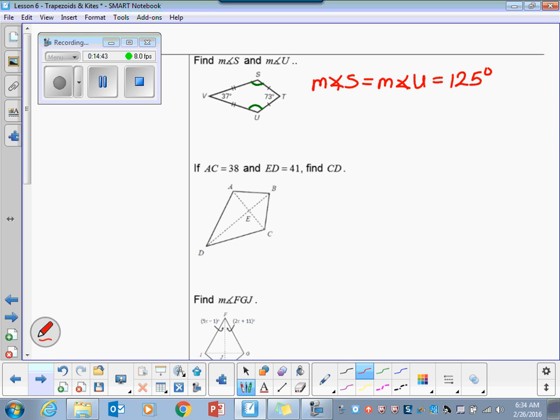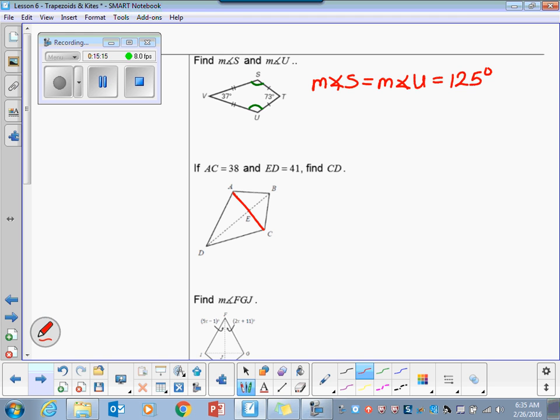If AC equals 38 and ED equals 41, find CD. Okay, AC equals 38. We know the diagonal that connects the two congruent angles gets bisected by the other diagonal. I mentioned that back when I was talking about diagonals in a kite.